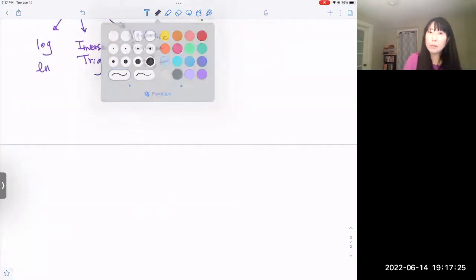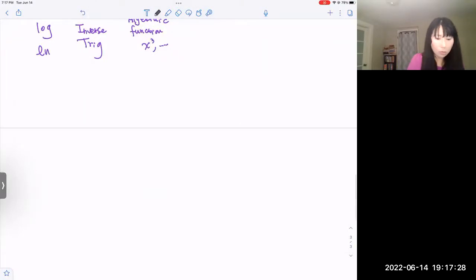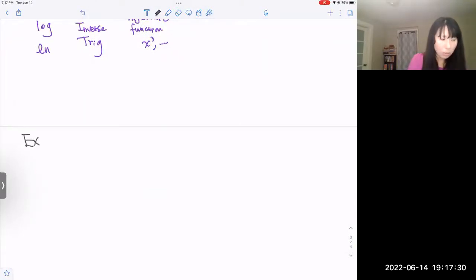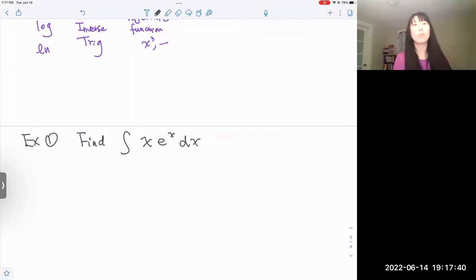So you guys okay? Find the integral of x e to the x dx. So this one we cannot use substitution. There's no way we can use substitution because this is a product of two functions. We have to integrate by parts.